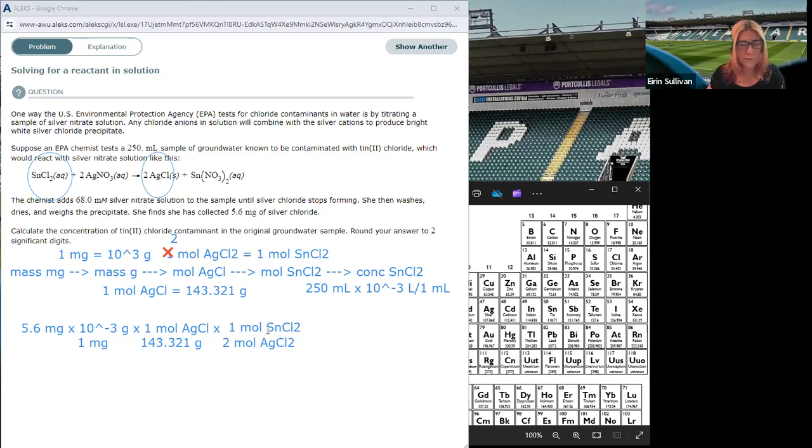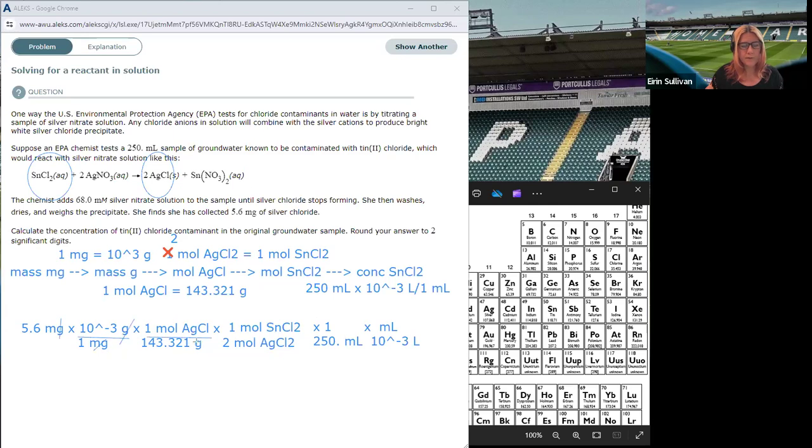Okay, so my moles of silver chloride will cancel out, and then lastly, I'm going to need to convert moles to concentration. So divided by the 250 milliliters, and then 1 milliliter is 10 to the minus 3 liters. Okay, so let's just double check that all our units will cancel out appropriately.